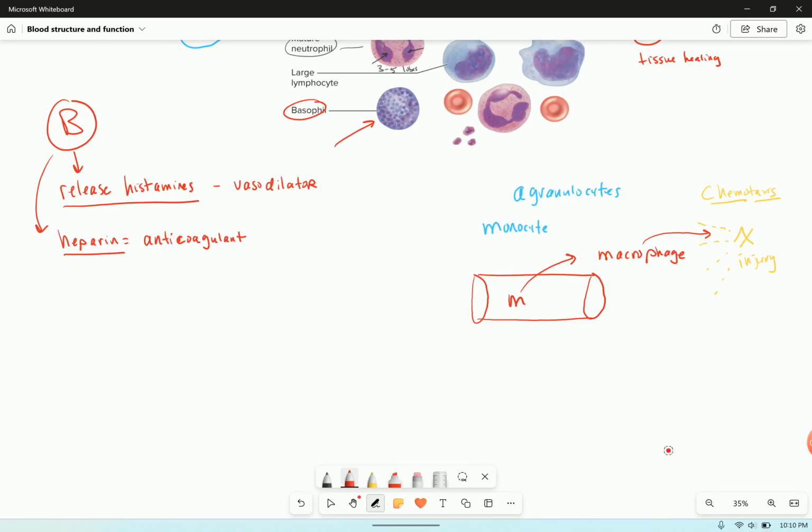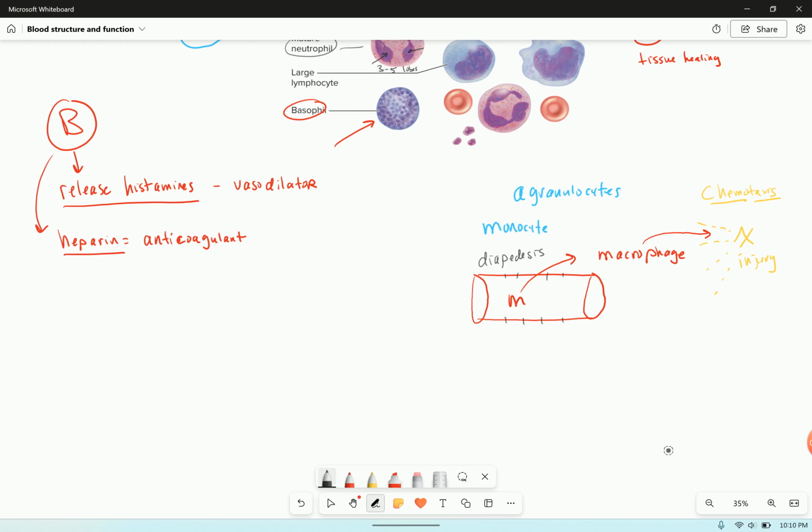The actual leaving of the monocyte from the blood vessel is called diapedesis. There are little holes, little pores, inside of the blood vessels so that things can actually leak out. So diapedesis is the process of a white blood cell leaving the blood vessel, going to the site of interest.